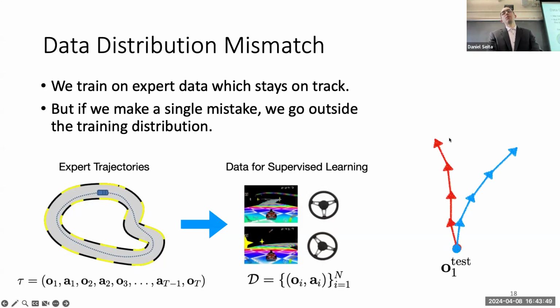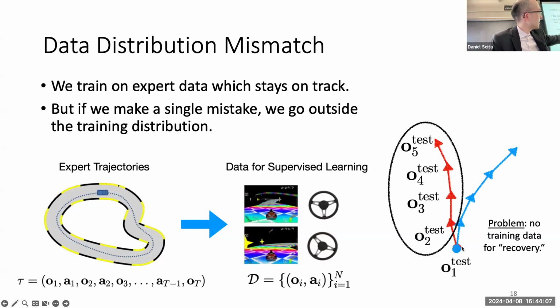And then at test time, what happens? At test time, the agent might be at this state over here, which will be similar to what was in the training data. Now, maybe during training the expert went to the right, but at test time the learner made a very slight error, then went off track a little bit. It went to here, like O2 test.